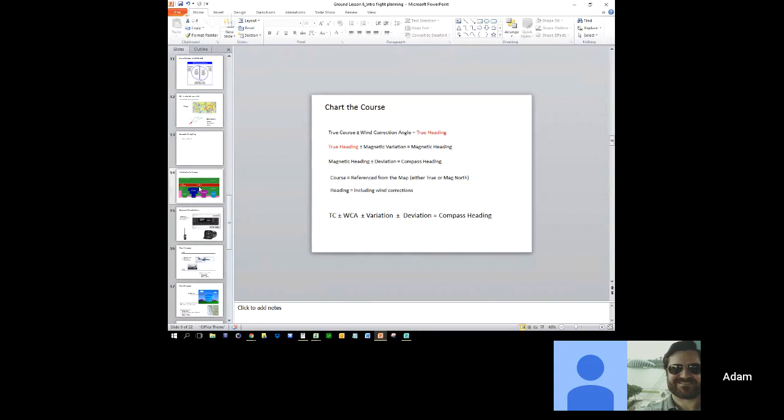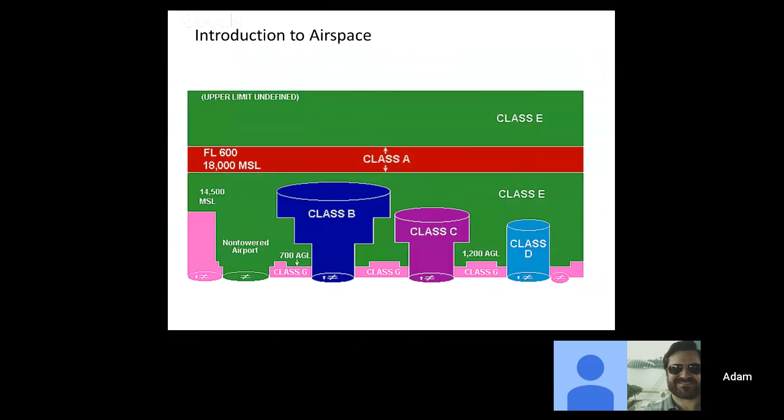Okay. So let's just introduce airspace. I'm going to have another time slot in the next session to continue airspace discussions. It's not possible to cover it all in one session. So for this particular session, I want to cover airspace relative to airports.